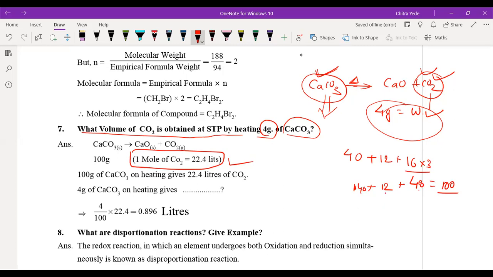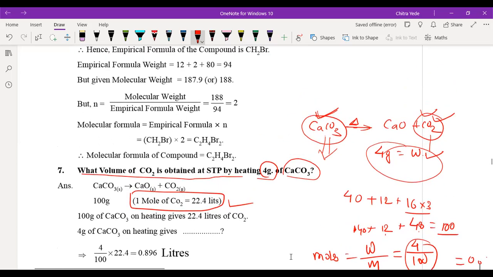So now we have to calculate moles. Moles are mass divided by molar mass. The mass is 4 grams and the molar mass is 100 grams.